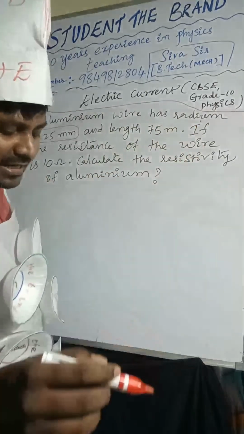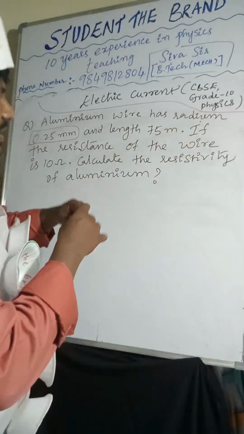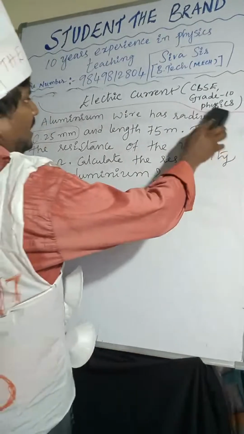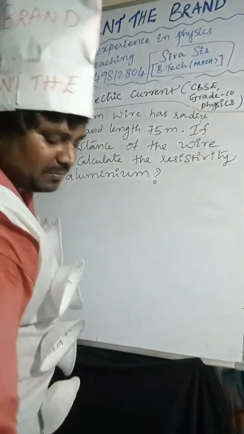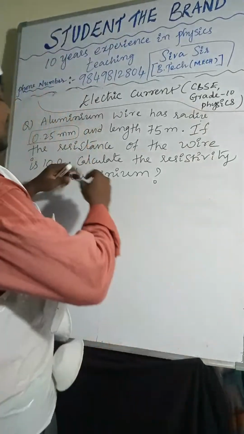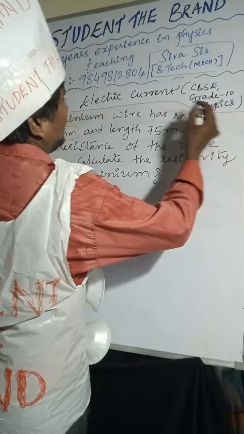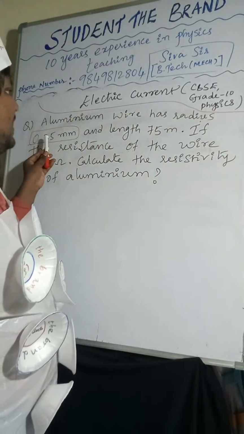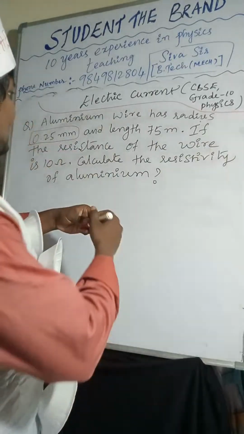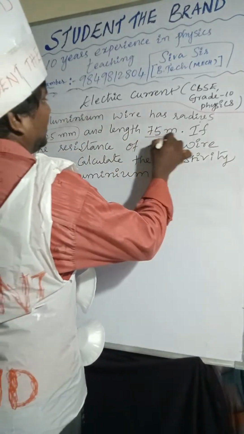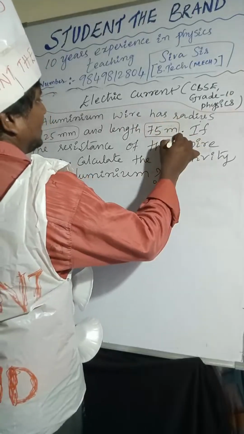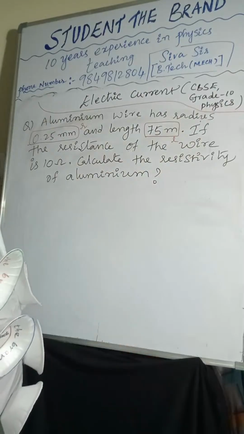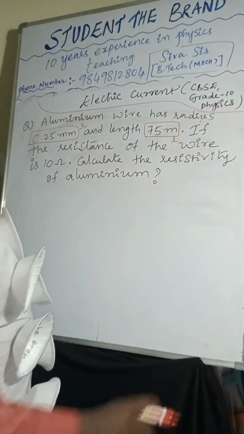So radius is 0.25 mm. Length L is 75 meter.